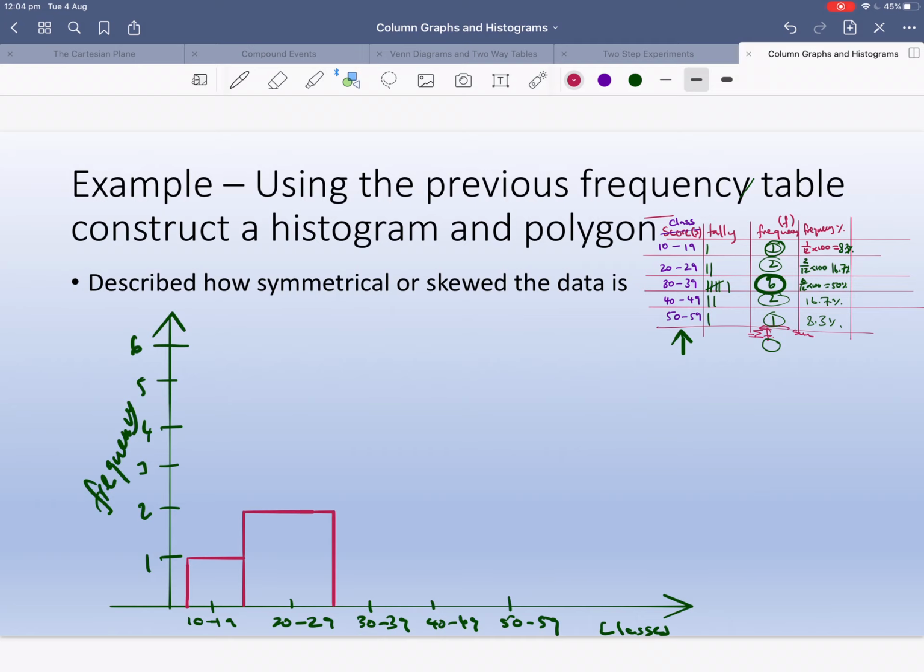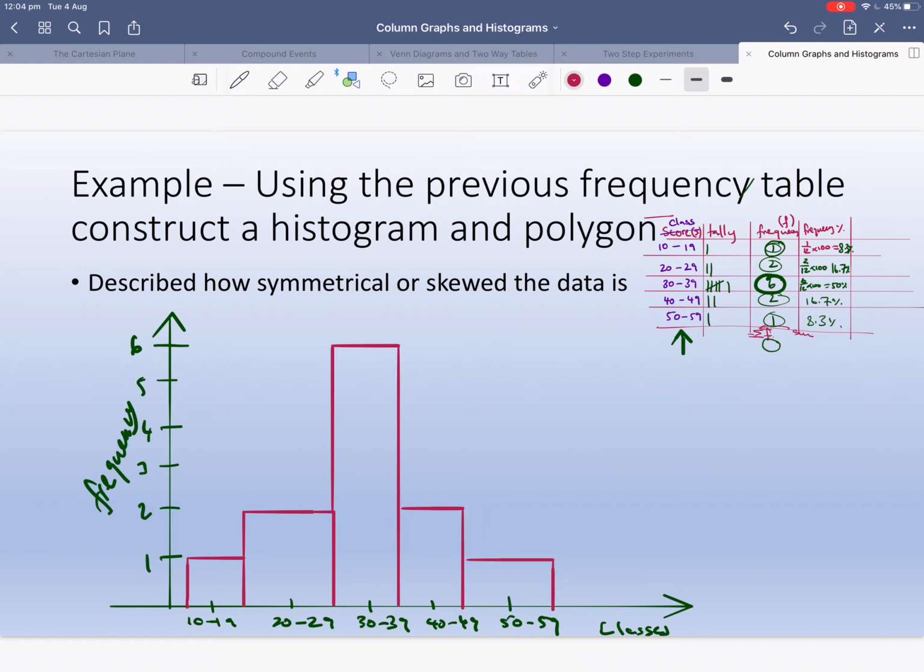Obviously I haven't done mine properly, but hopefully they will work out. So this one goes up to 6. And I went too far. Yep. And the next one, 2. And the next one is 1.